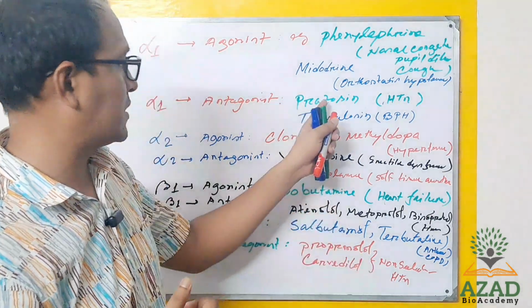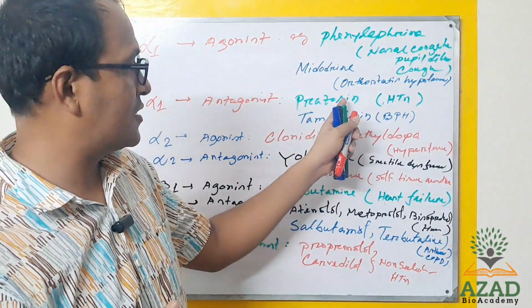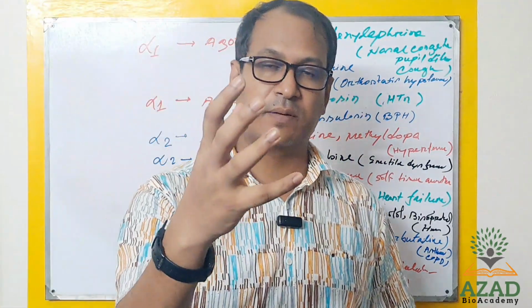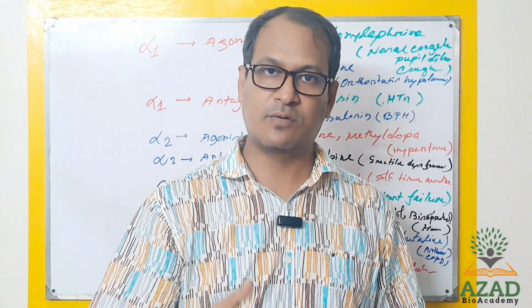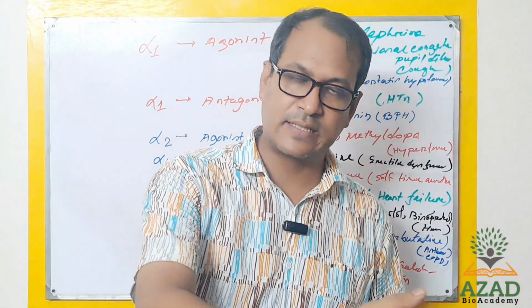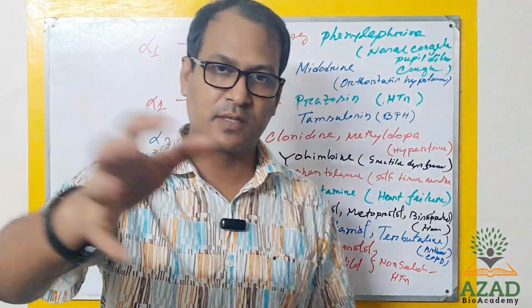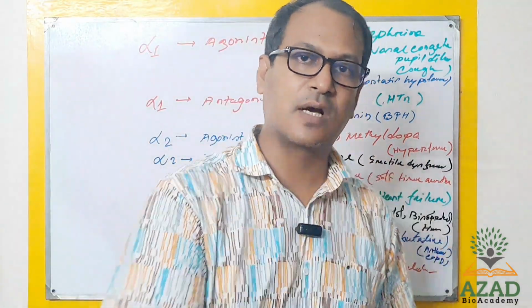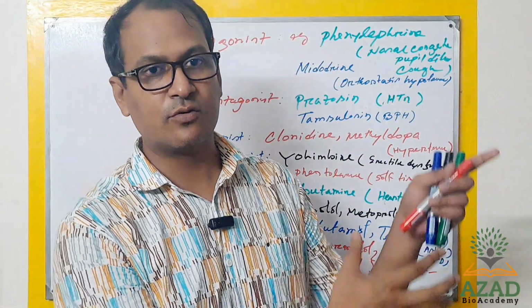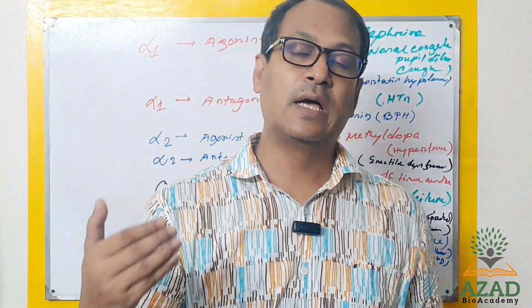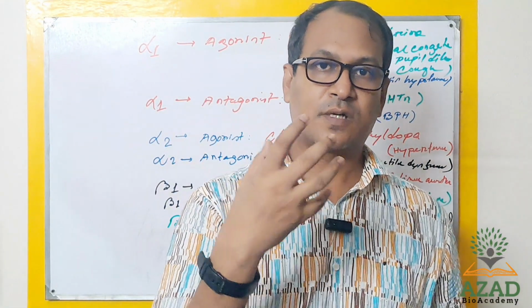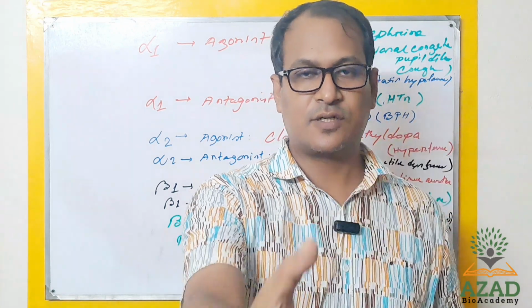Okay, so prazosin can be used for hypertension. Actually, prazosin is not a mainstream drug, not first line, second line antihypertensive drug. You know, ARB or ACE inhibitor or calcium channel blocker or beta blocker or diuretics, those drugs are usually used as the mainstream drug. But this drug is basically used for those who are suffering from resistant hypertension.